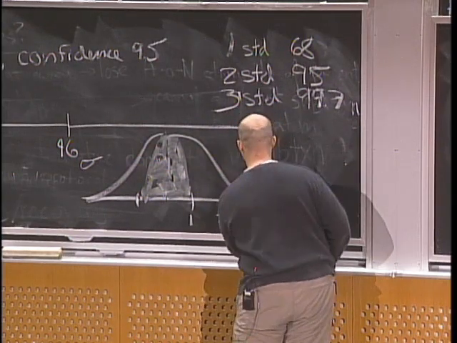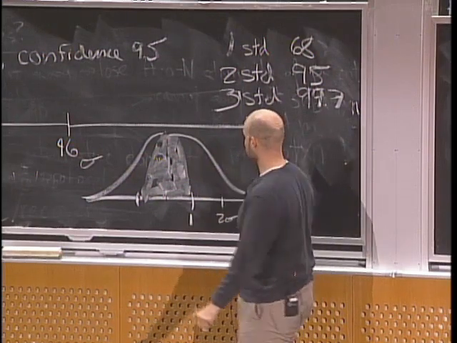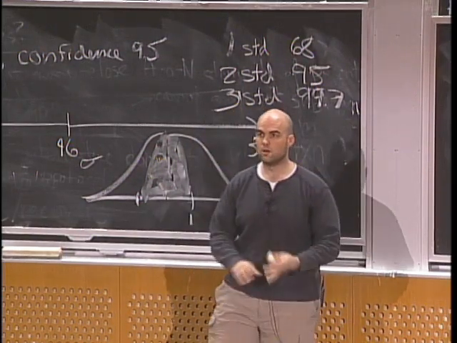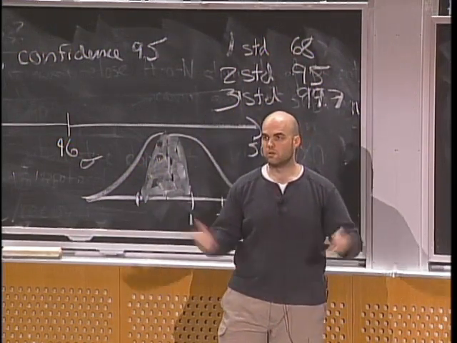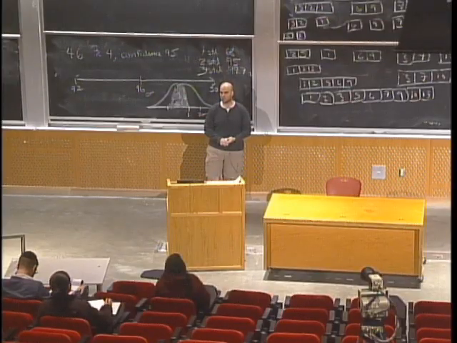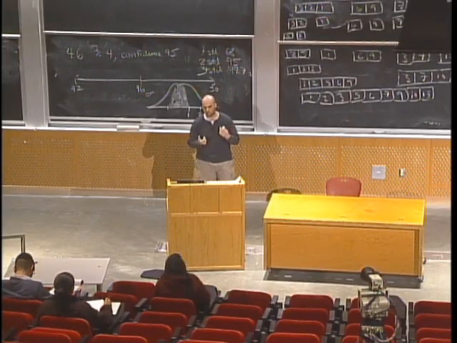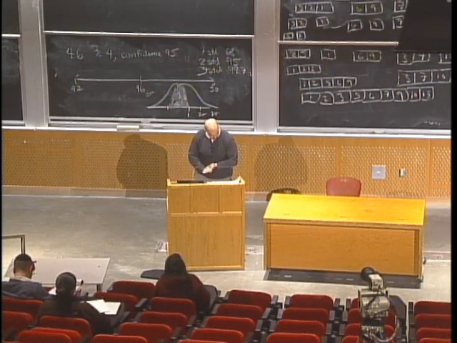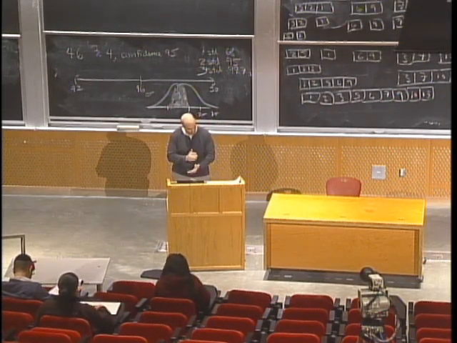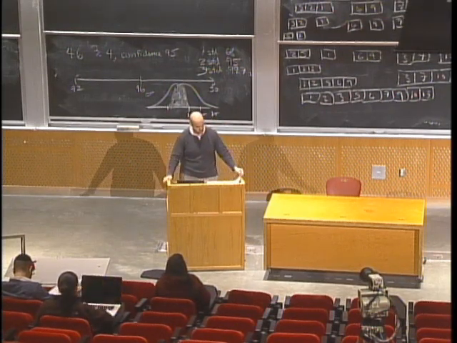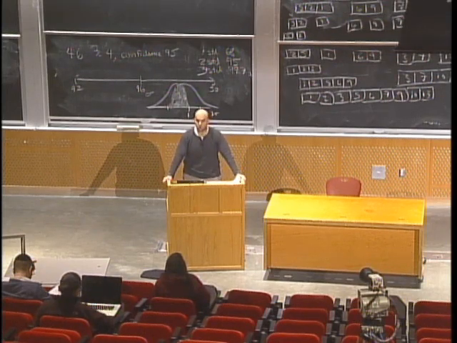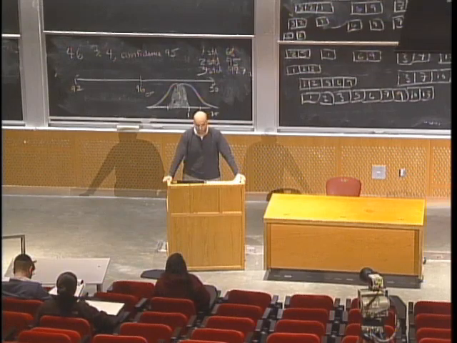And if you have 3 sigma, then 99.7 percent are going to be within 3 standard deviations of the mean. So I think that's all you really need to know for the confidence intervals and levels, and also for normal distributions. Okay.